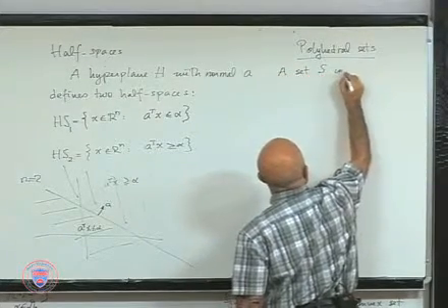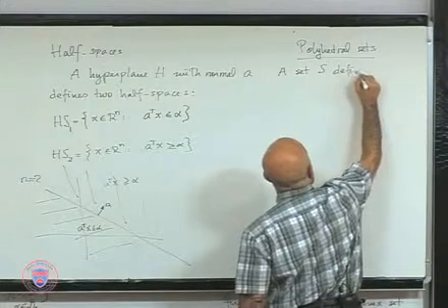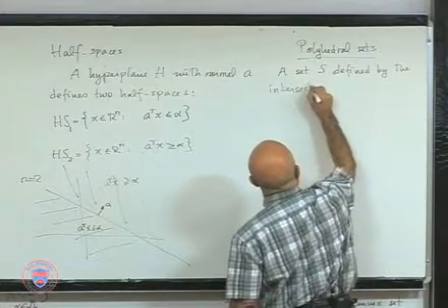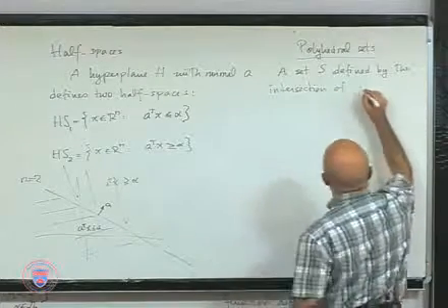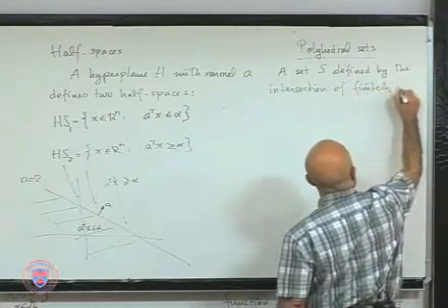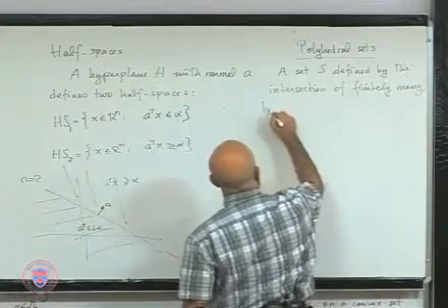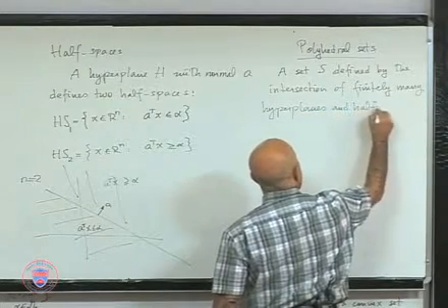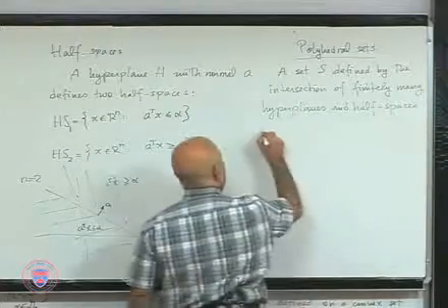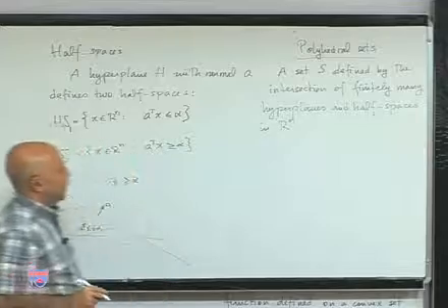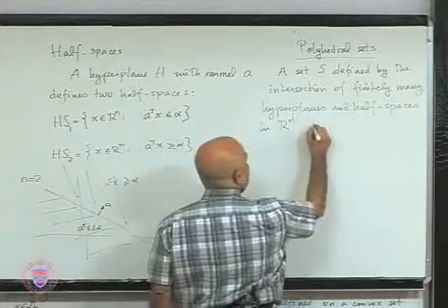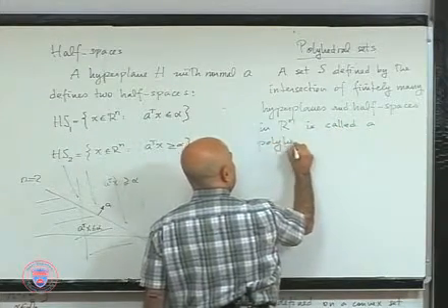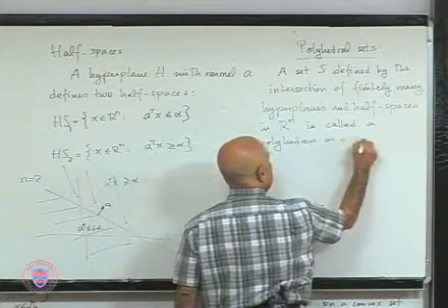A set S defined by the intersection of finitely many hyperplanes and half spaces in Rn is called a polyhedron, or a polyhedral set.